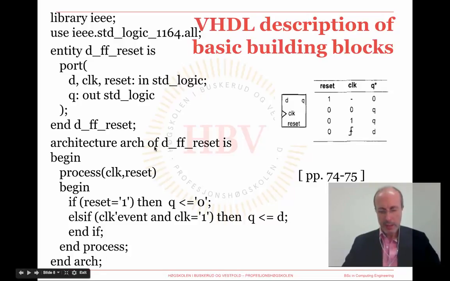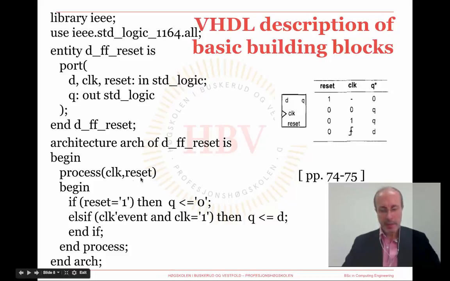In this case, we can see that the entity description shows 3 inputs, which are all of the standard logic data type, and 1 output, which is also standard logic. The behavior of the circuit is described in the architecture body in the form of a process, and the statements comprised in this process offer a very self-explanatory description of its behavior.